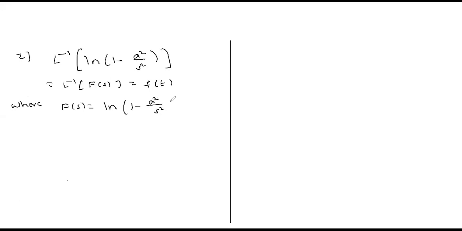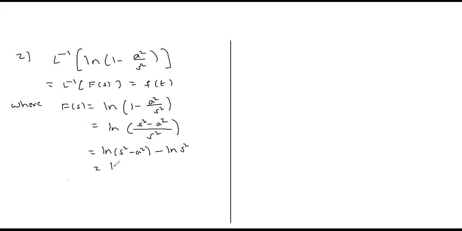Now tell me how to rewrite this. It is s square minus a square by s square. Later I can write it as log of s square minus a square minus log of s square.